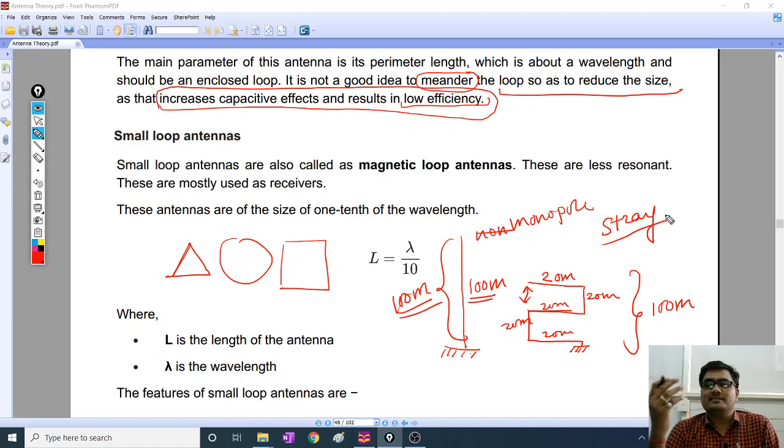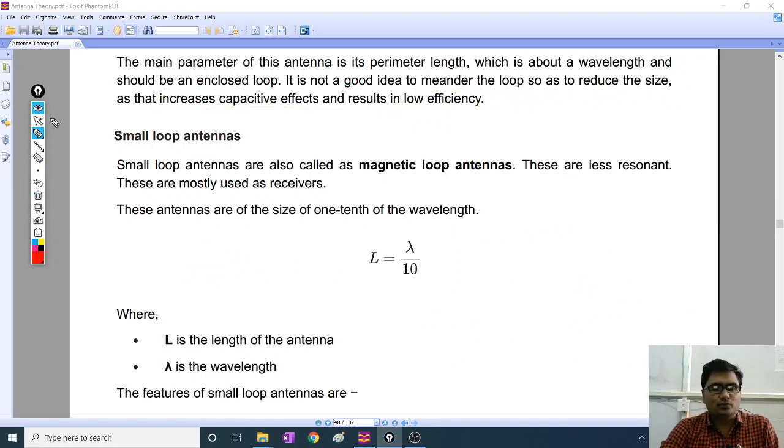Because of that stray capacitance, which is developed because of two parallel wires, the efficiency of the antenna decreases. So that's why it is not recommended to meander loop antennas. Size does reduce, but efficiency decreases. So this is all about large loop antennas.